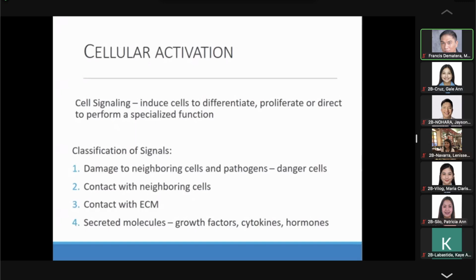First, cells respond to damage to neighboring cells and pathogens, such as foreign invaders. These are like danger signals. Another signal is contact with neighboring cells, such as in gap junction signaling, contact with the extracellular matrix with the use of integrins, and secreted molecules such as growth factors, cytokines, and hormones.